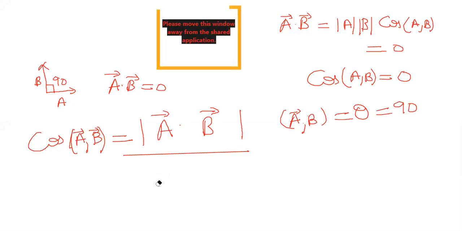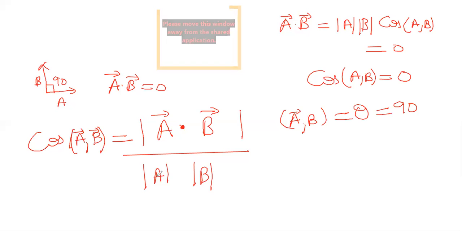Mod A means root over will come, that's why I wrote it like that. This dot product of two vectors is a number. What is A dot B? i with i, j with j, k with k will multiply. Some number will come in the numerator. The denominator will not be so simple.